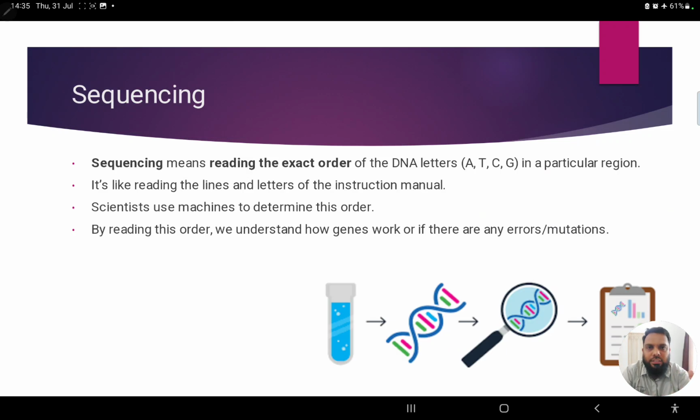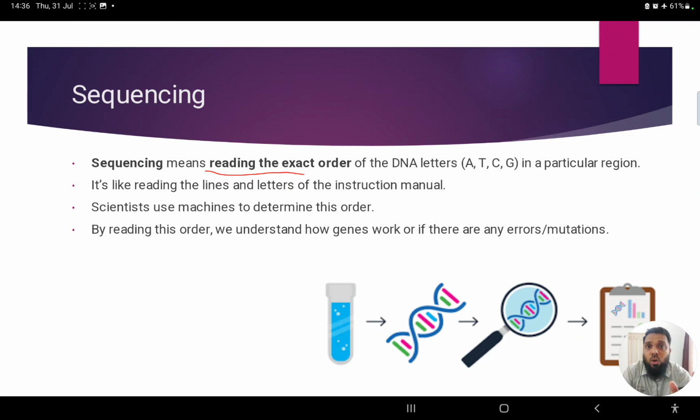Now, what is sequencing? Let's see, I'm trying to explain all the basics. Hope this will make the entire concept clear to you, right? So now, what is sequencing? Sequencing means reading the exact order of the DNA letters. So we have understood DNA. Within that there is a gene. All the set of genes is called a genome.